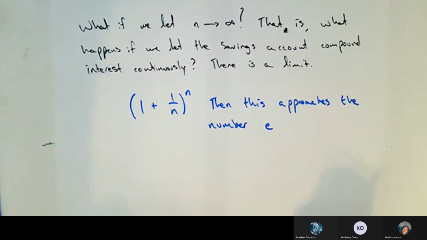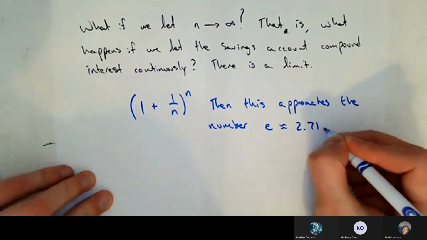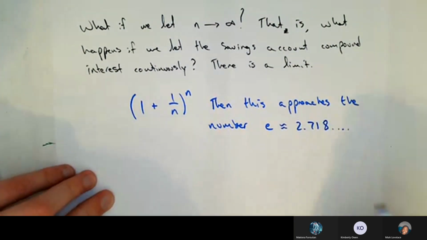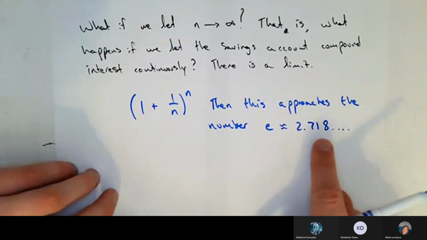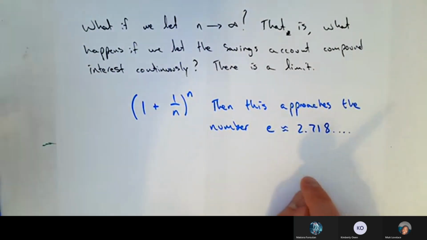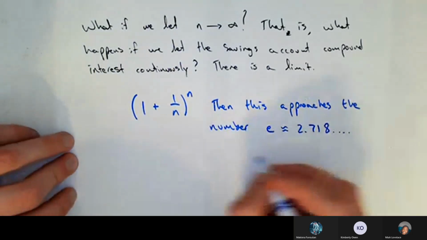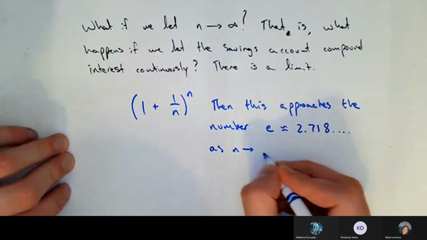It's a very special number called e, which is approximately 2.718, blah, blah, blah. It's an irrational number, so it goes on forever. So we'll either use the calculator to do calculations or we'll approximate it. This approaches the number e as n gets huge.